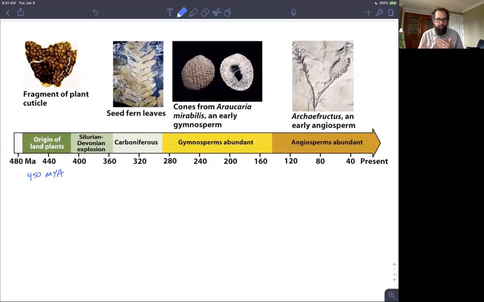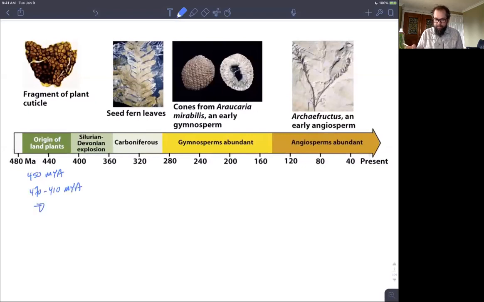And so I want to walk through our fossil evidence for the timeline of land plant evolution. The first, like I mentioned, is the origin of land plants from somewhere between 470 and 410 million years ago.